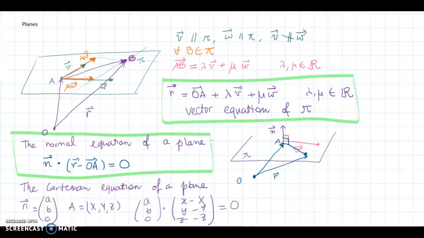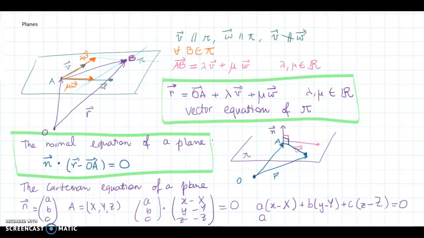This has to be equal to 0, which means if I apply the dot product, that a times (small x minus big X) plus b times (small y minus big Y) plus c times (small z minus big Z) has to be equal to 0.